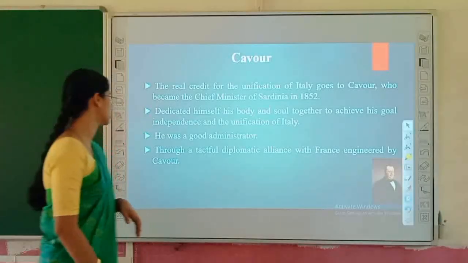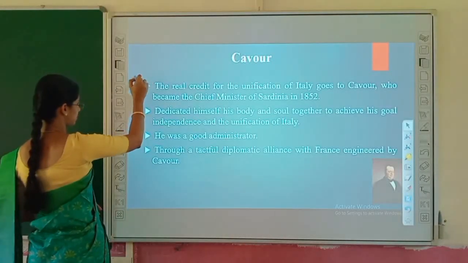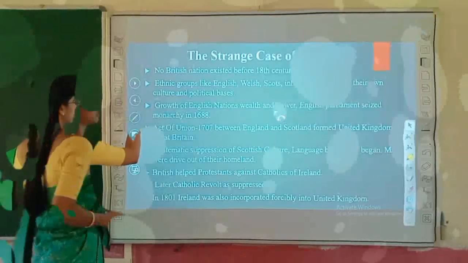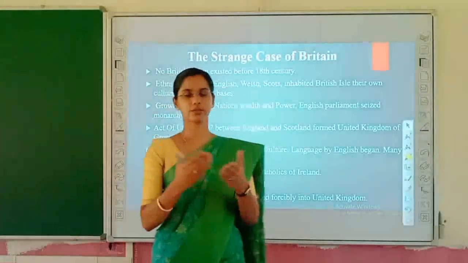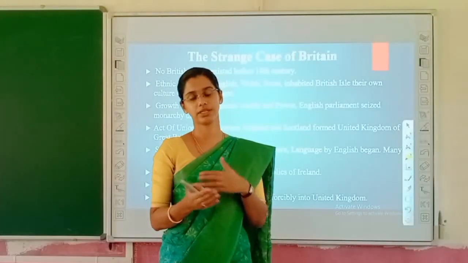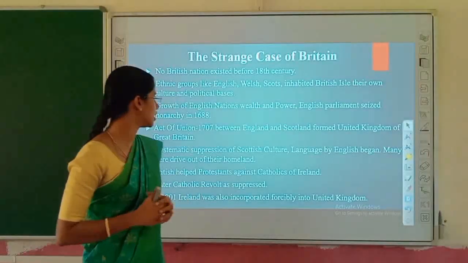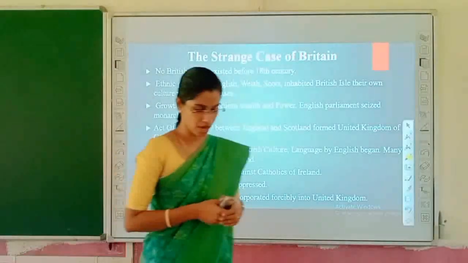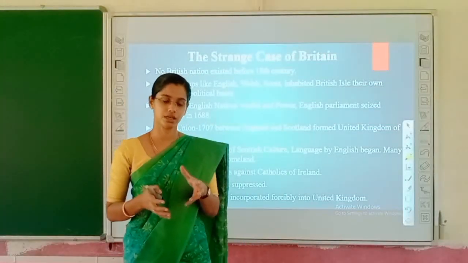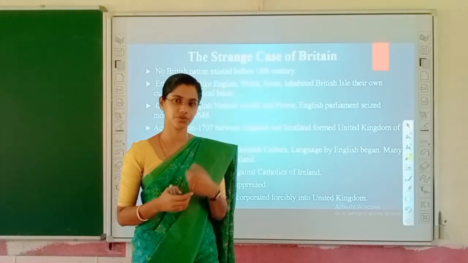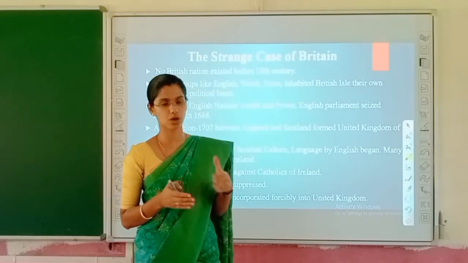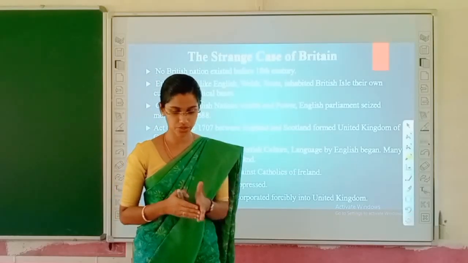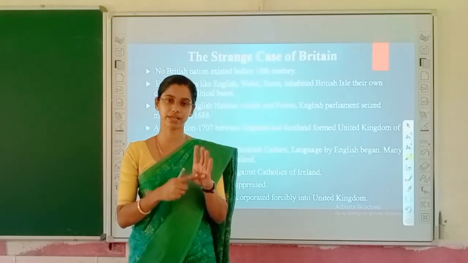Then we discussed the unification process of Britain. That's a strange case. The unification of Britain is very strange because there was no British nation before the 18th century, and Britain has a different history of how it consolidated as a nation state without uprisings and revolutions.